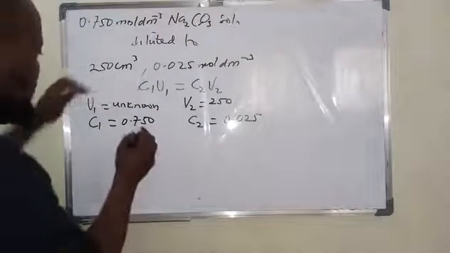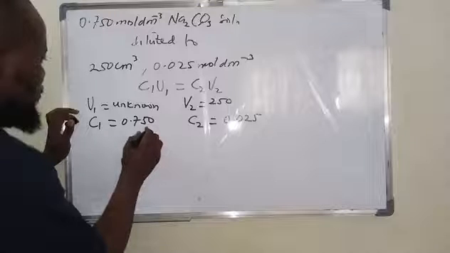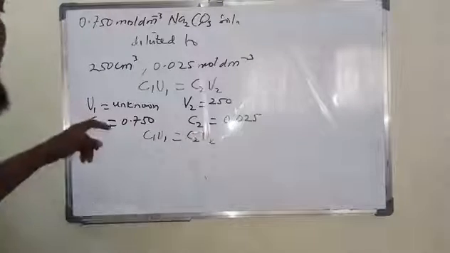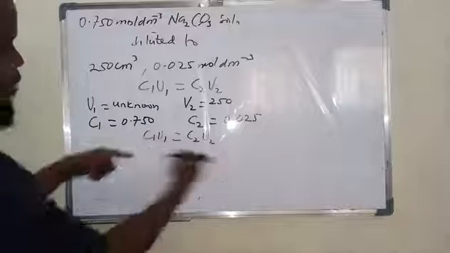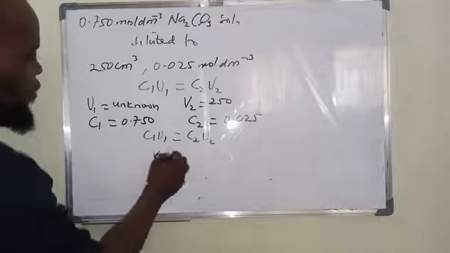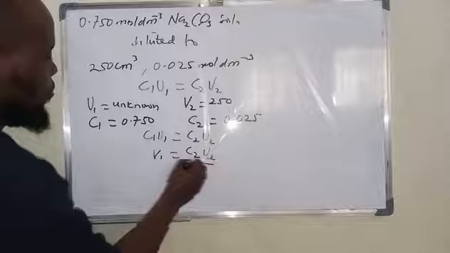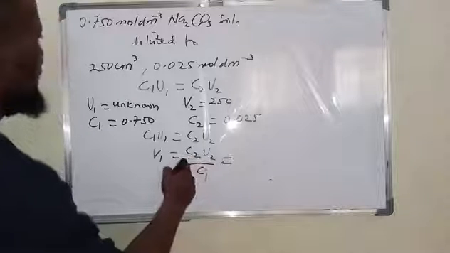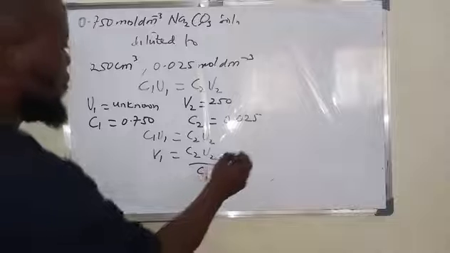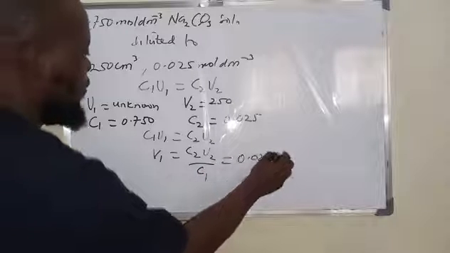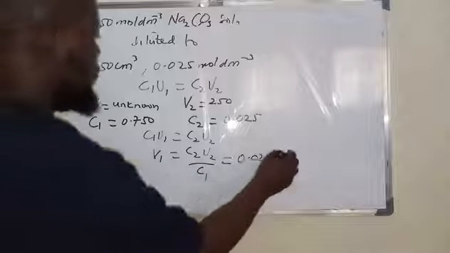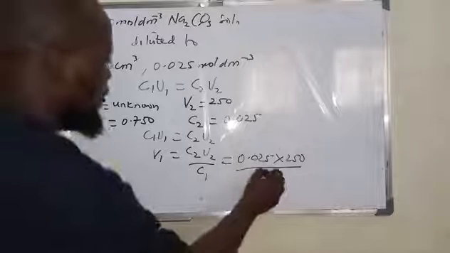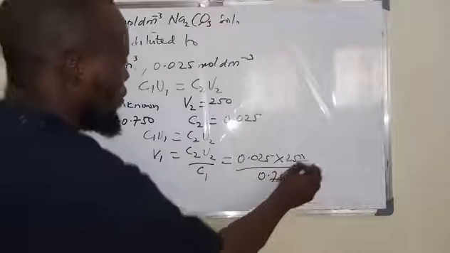So from this formula, we can make V1 the subject by dividing both sides by C1. So we have V1 equals C2 V2 over C1. On substituting the values, C2 is 0.025, V2 is 250, and C1 is 0.750.